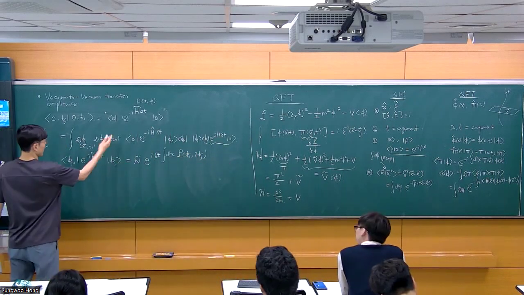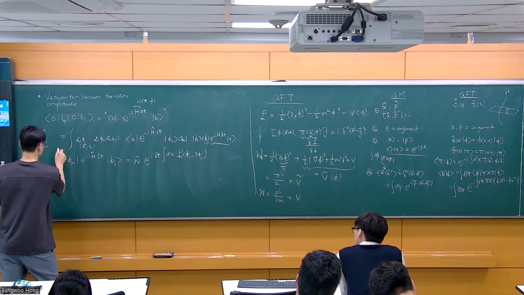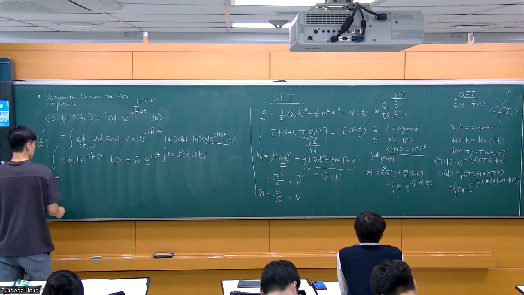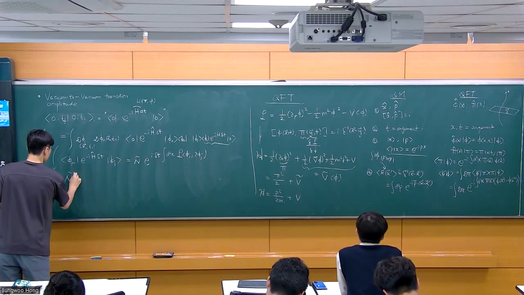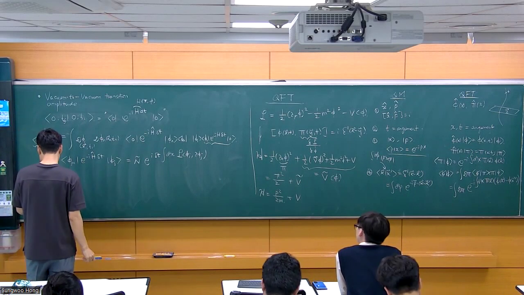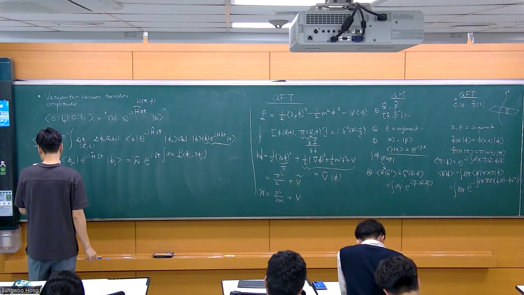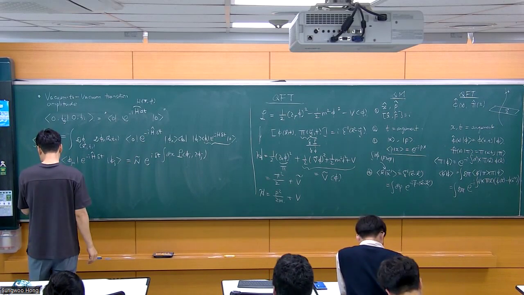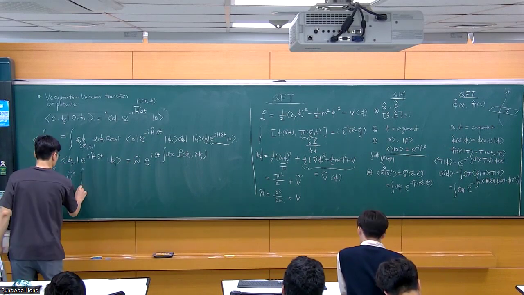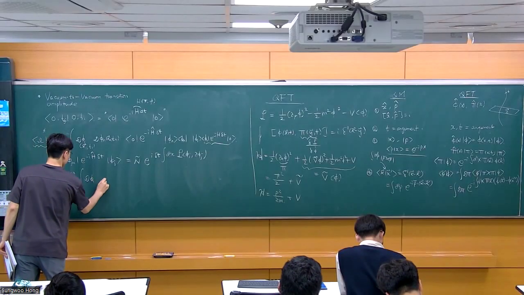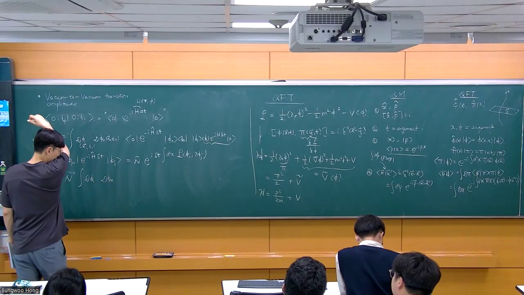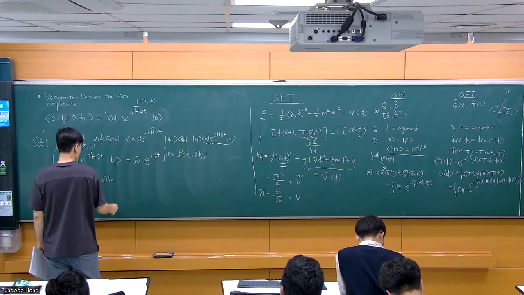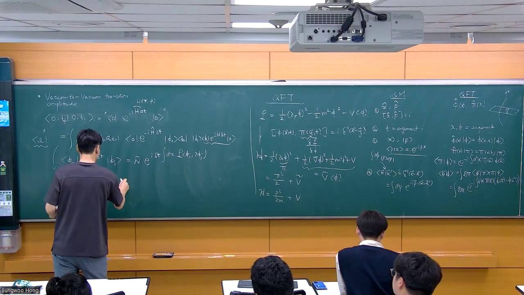If you plug in all those factors, this will become this. I don't know if you're interested in the expression for this, but for now that's not important. It will give you a sum of all this.